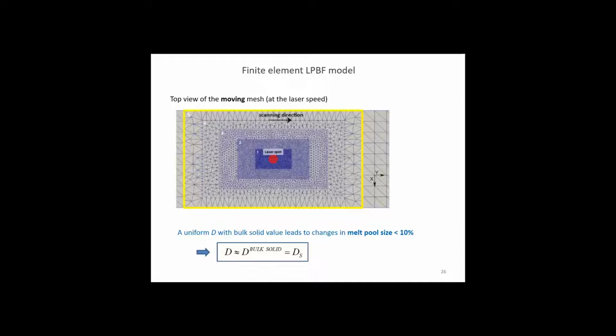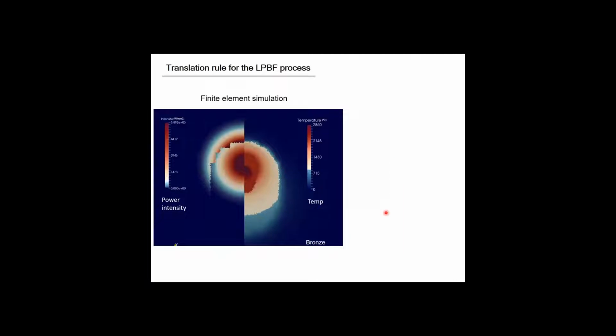So that's one thing. Now, if we look at more detailed finite element simulations, where you describe the presence of the liquid, the solid, and the powder, that's the consequence of the calculation here. And also, you approximate the laser beam shape as a Gaussian, as most people do.